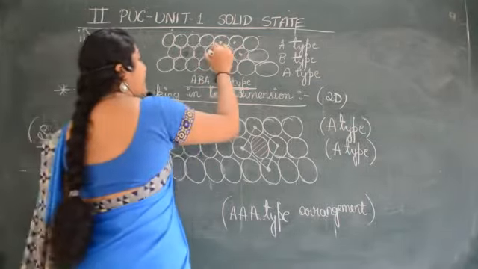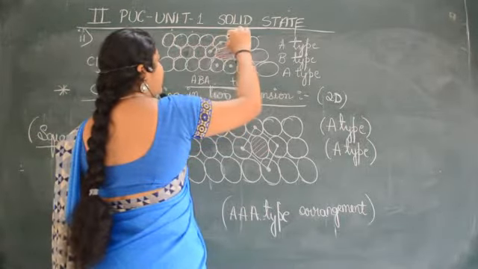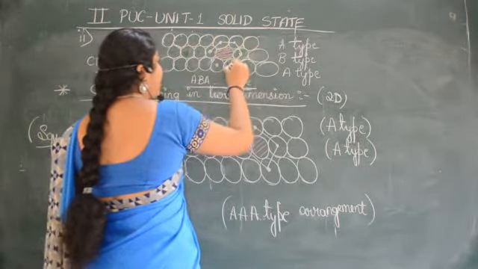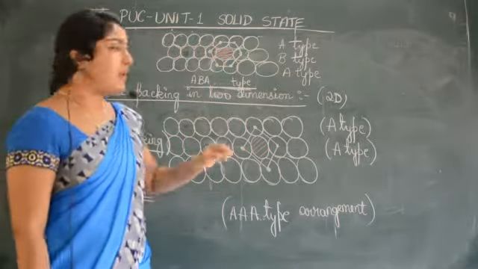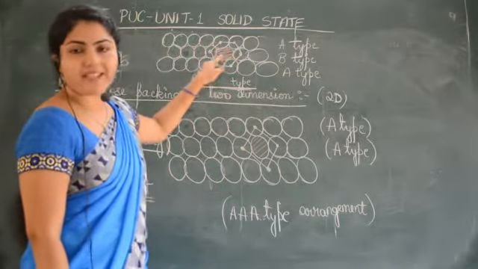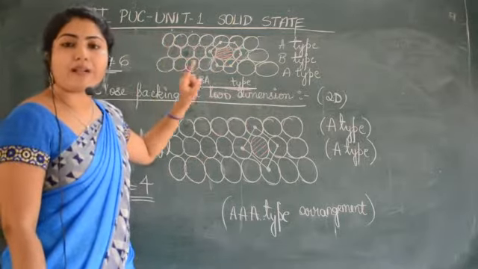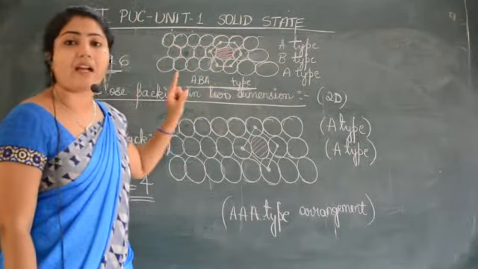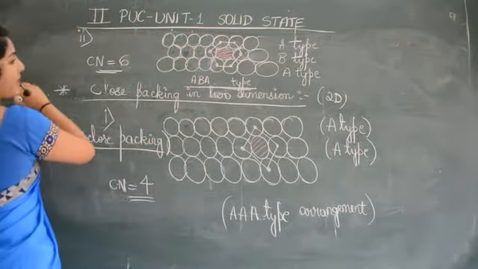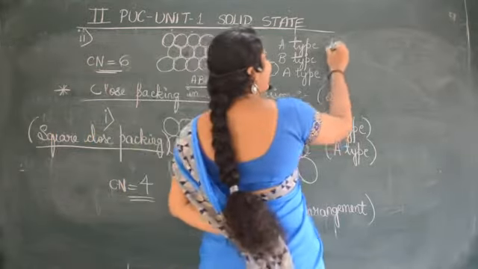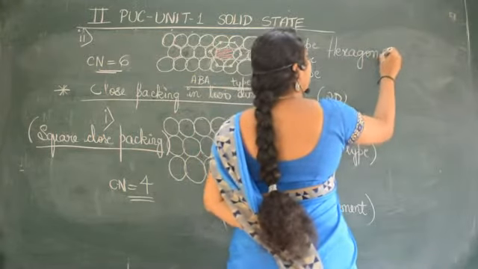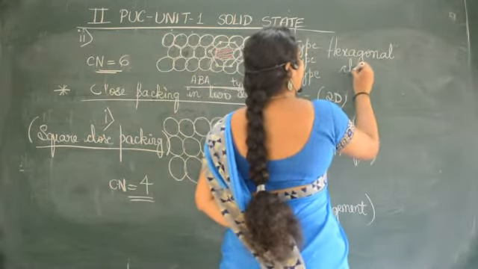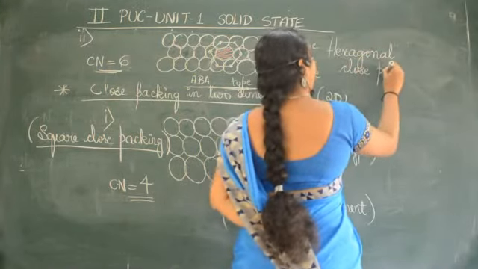Now join it. 1, 2, 3, 4, 5 and 6. Which shape do you see here? Here you see the shape of a hexagon, and that is why this close packing is called hexagonal close packing. What is it called? This type of close packing is called hexagonal close packing.